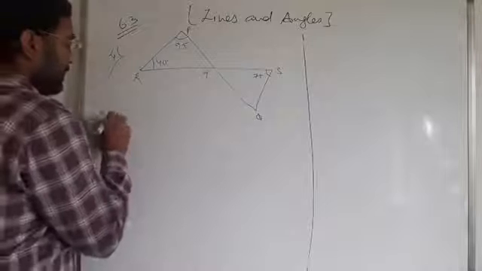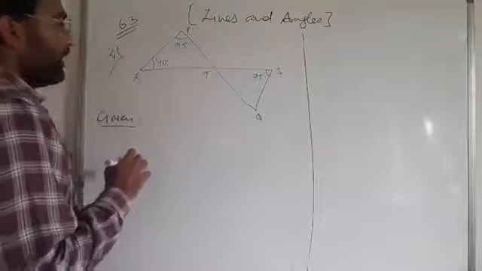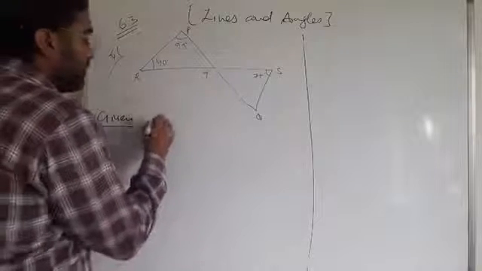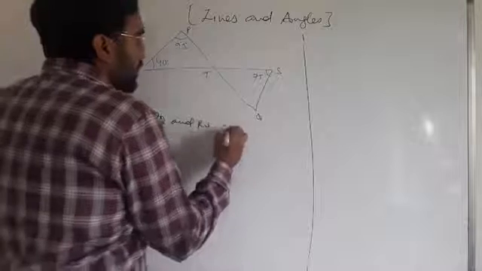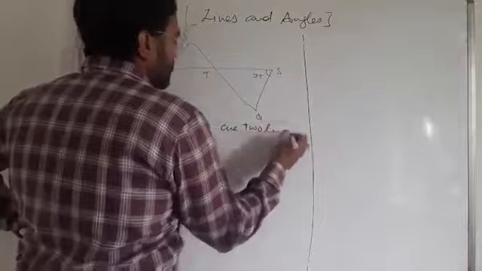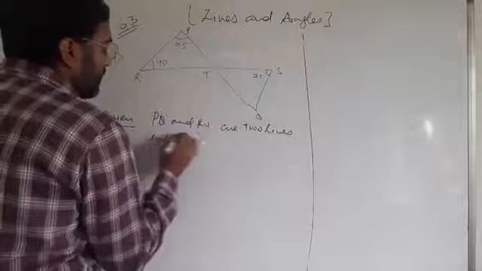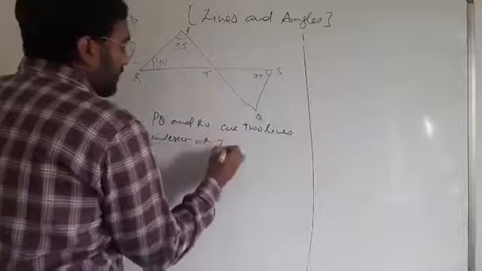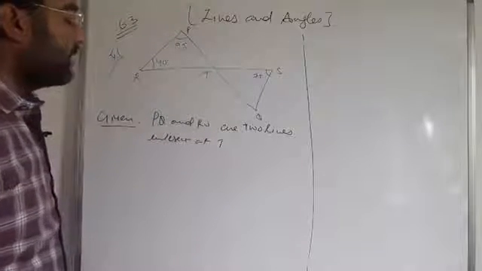From the given, PQ and RS are two lines that intersect at T.